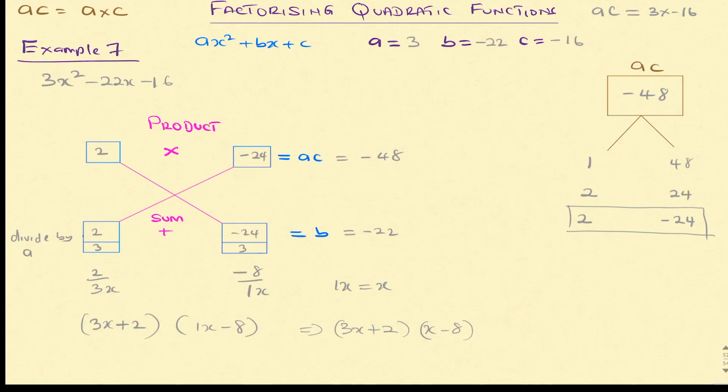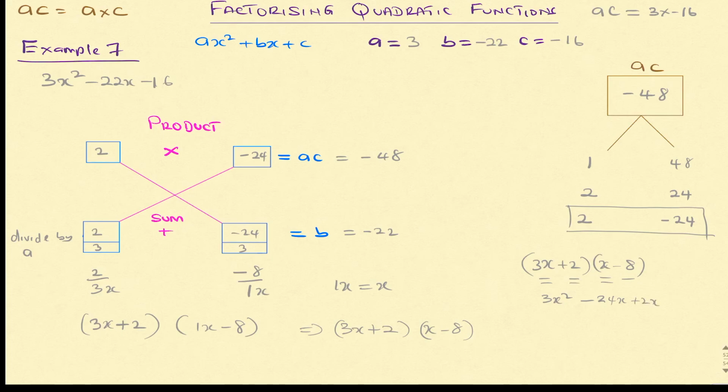So if you do 3x plus 2 times x minus 8, we should get 3x times x, that would be 3x squared. 3x times minus 8, that would be minus 24x. 2 times x, that would be plus 2x.